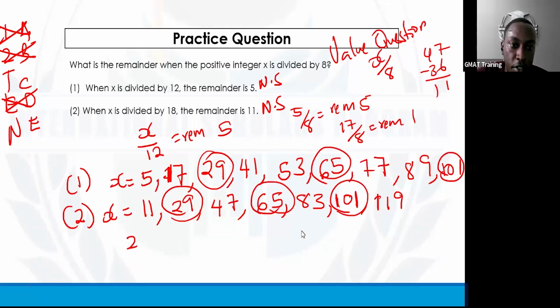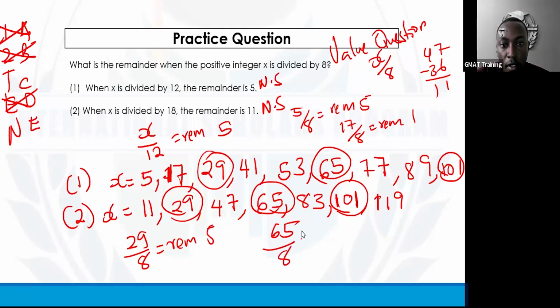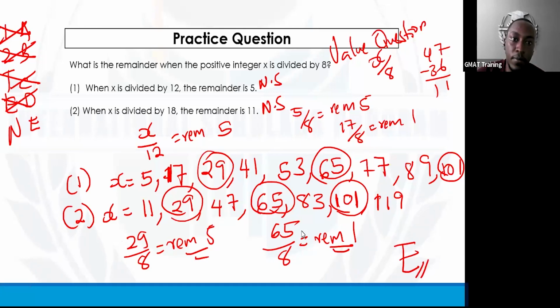So let's try 29. 29 divided by 8, the remainder is 5. What about 65 divided by 8? 8 times 8 is 64, so this is a remainder of 1. We still have different remainders. We don't have one unique remainder. And therefore, even when combined, the statements are still not sufficient. For that case, our answer will be E.